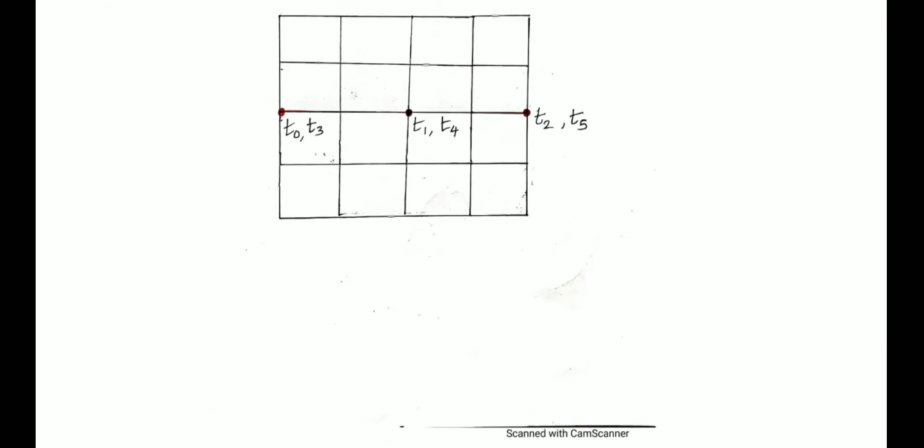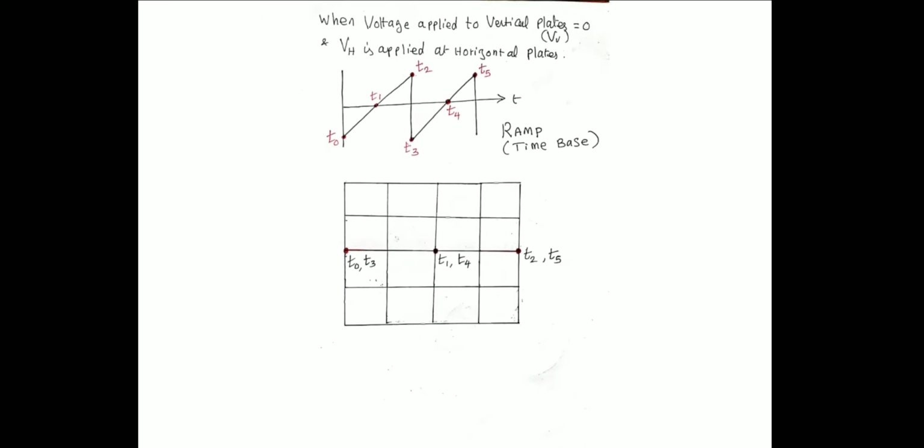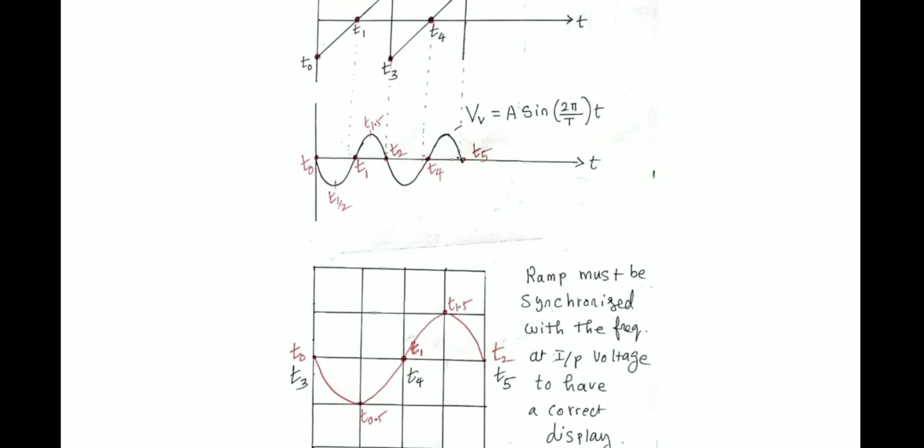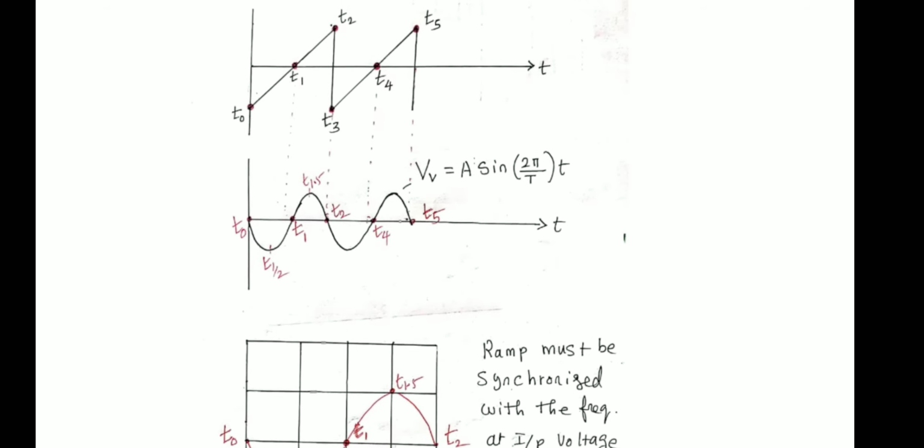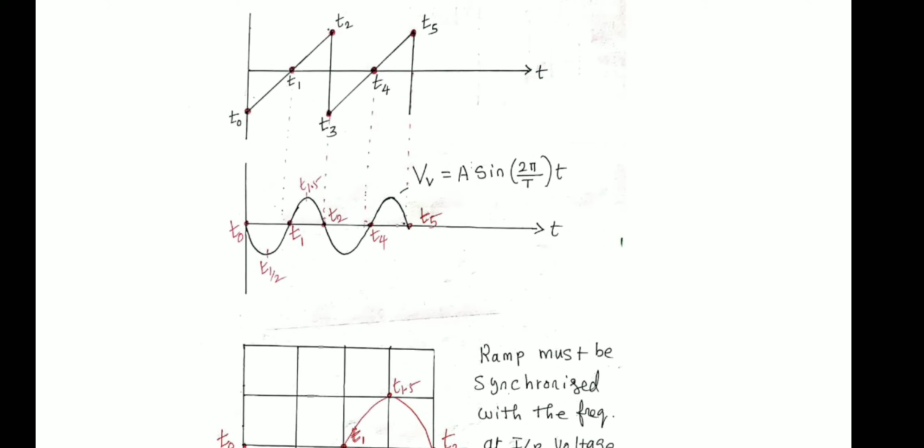Now what happens when you apply the ramp signal to the horizontal deflection plates and the input signal, a sinusoidal waveform, to the vertical deflection plates?